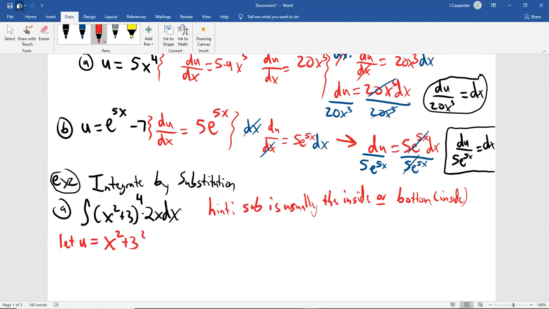So when we say let u be that thing, now we take its derivative. We go du dx. And again, you need to use this notation because you have to see the differentials because you're going to split them up. Well, the derivative of x squared is 2x. The derivative of 3 is nothing. Again, this is a derivative, not an integration. Don't add 1 to the exponents, you're subtracting 1 from the exponents. And then we got to take this thing and we got to solve it for dx, the thing in the bottom.